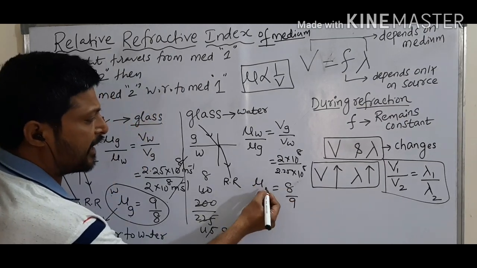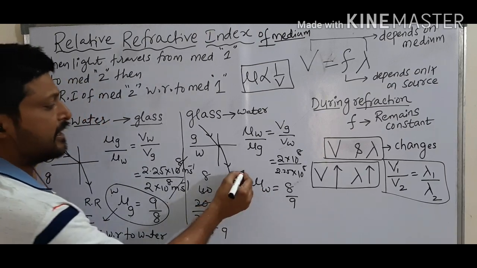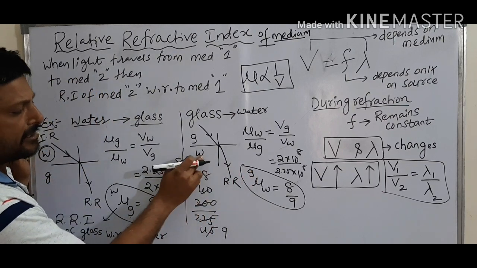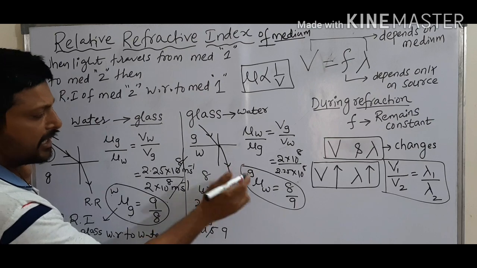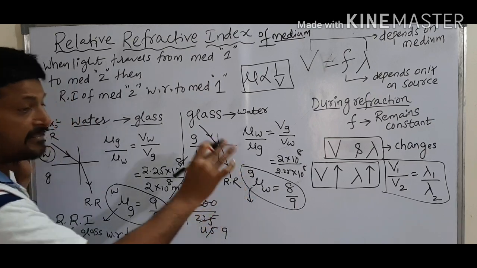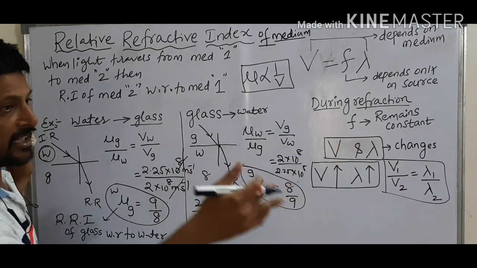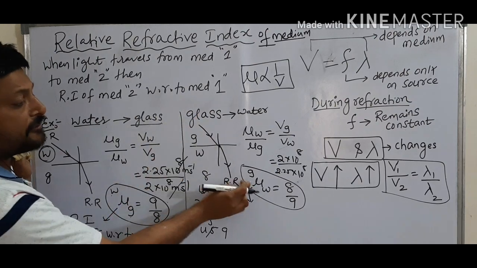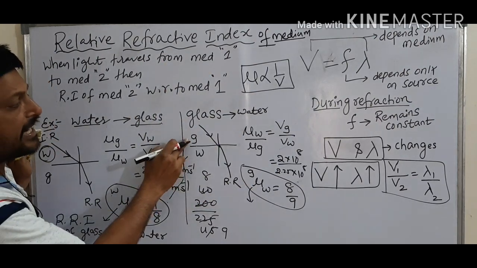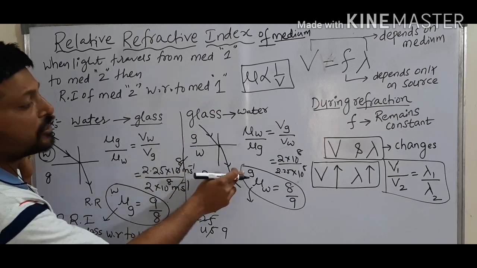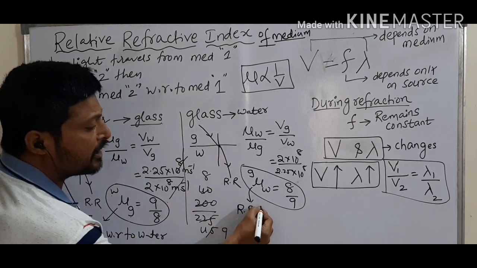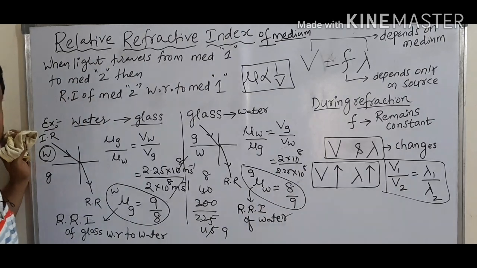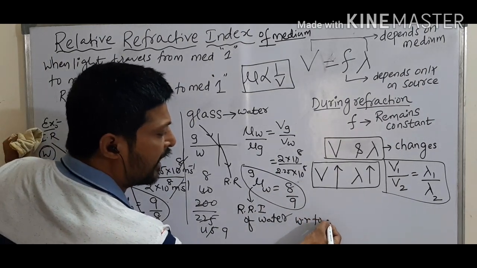So this is the refractive index of water with respect to glass. That means light is bending in water, and the light ray is coming from glass. So it is with respect to glass, not water. If it were with respect to vacuum or air, meaning light coming from air, that refractive index would be the absolute refractive index. But here light is traveling from glass to water, so this is the relative refractive index of water with respect to glass.